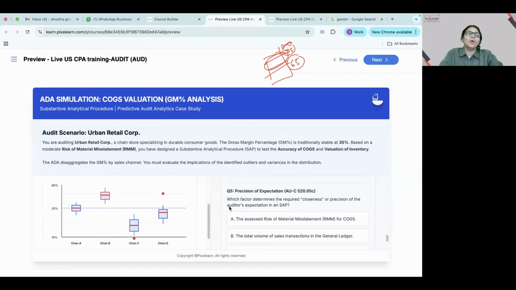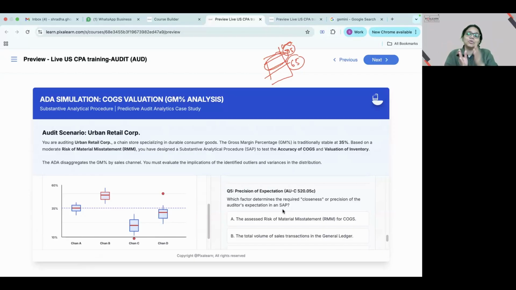Which factor determines the required closeness or precision of the auditor's expectation in a substantive analytical procedure? That means, depending on which factor will my expectation of 100 or 35% change? Like, how close would I want my expected result and the actual result to be?